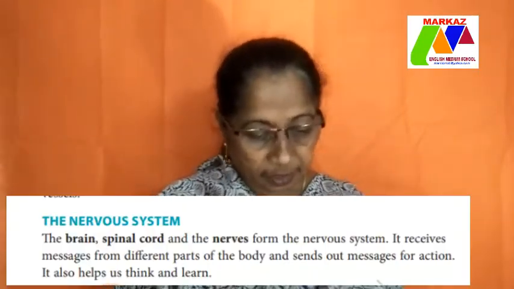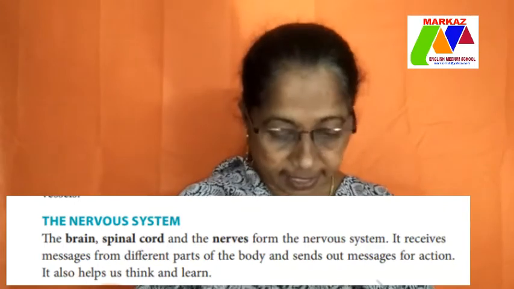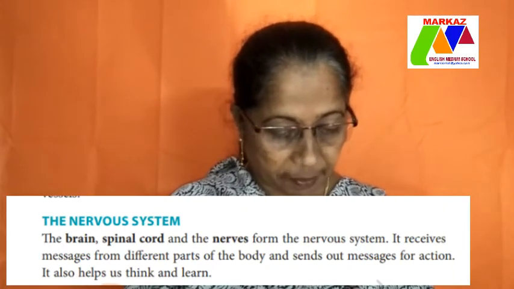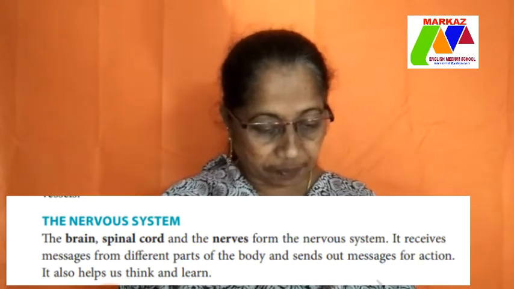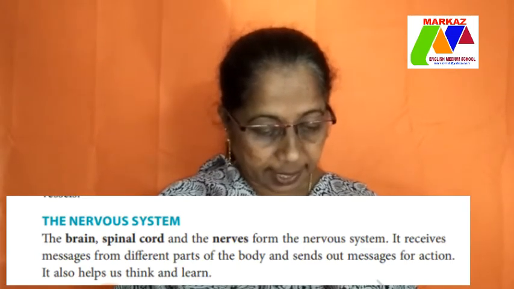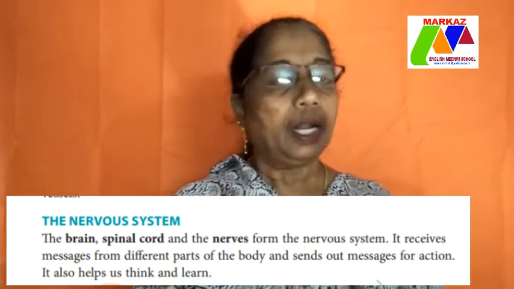Next is the nervous system. The brain, spinal cord and the nerves form the nervous system. It receives messages from different parts of the body and sends out messages for action. It also helps us think and learn. Now here you have the skull, and here you have the brain.